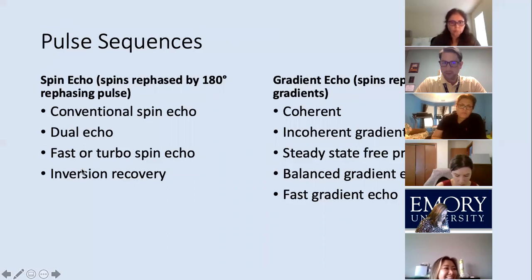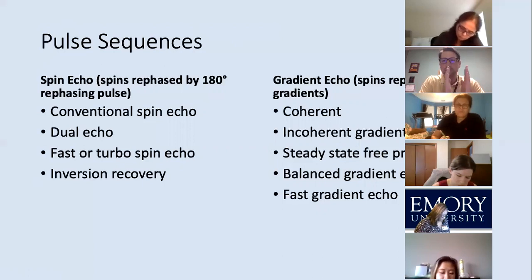And then the last spin echo pulse sequence we talked about was an inversion recovery spin echo or turbo spin echo. And we had two types, a FLAIR and a STIR. A STIR nullified fat because we set a short TI time. And a FLAIR, we set a long TI time to nullify fluid or CSF fluid.